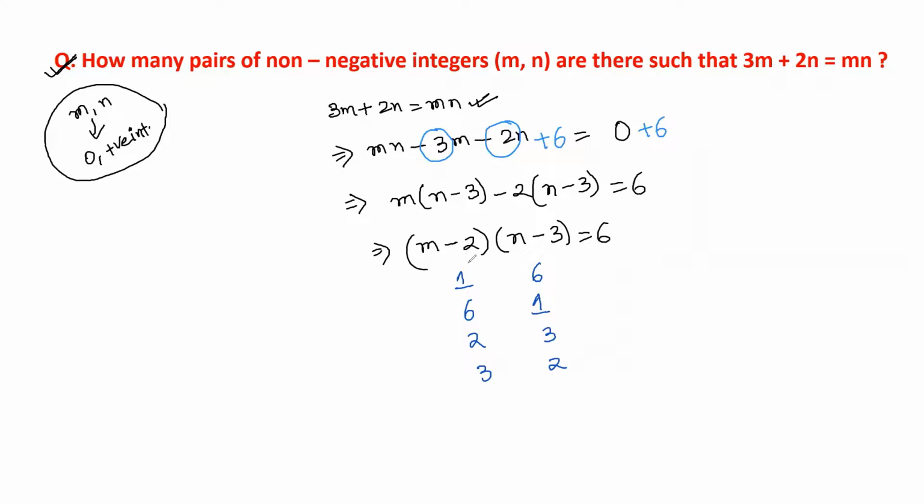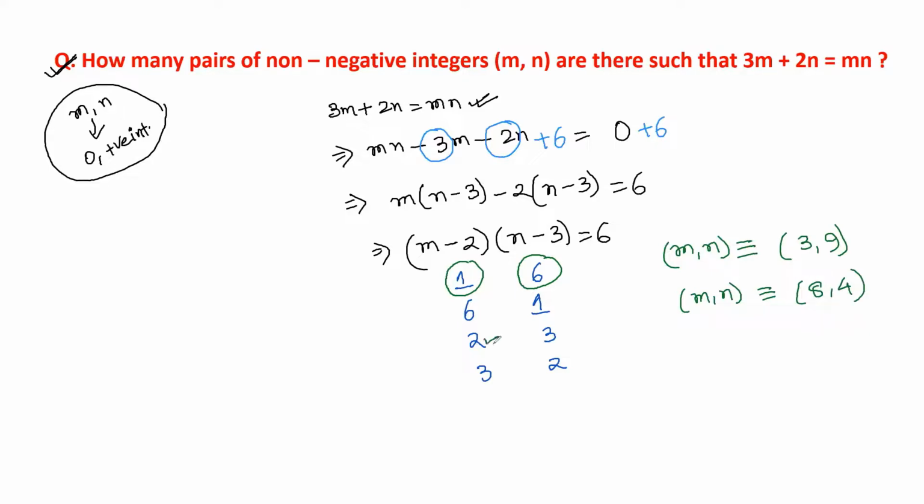Now, when m minus 2 is 1 and n minus 3 is 6, the pair mn would be 3 and 9. In a similar way, when m minus 2 is 6 and n minus 3 is 1, the pair mn would be 8 and 4.